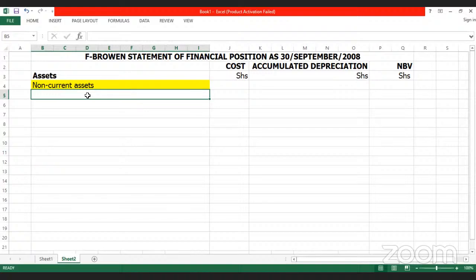The non-current assets, what do we have under the non-current assets now?